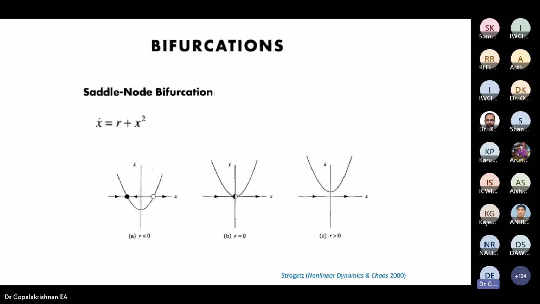However, suppose you are at the black dot and you increase your x, meaning you move towards the right side of the x axis. When you move like that, what happens to x dot? x dot is always defined by this curve.